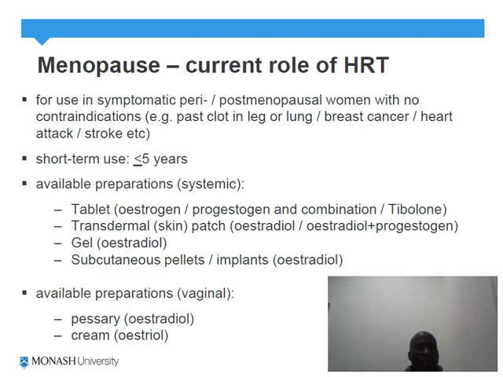Or it can be used in a gel form, estradiol only, or subcutaneous pellets or implants of estradiol. So these are different preparations. It's also available as a vaginal pessary or vaginal cream.